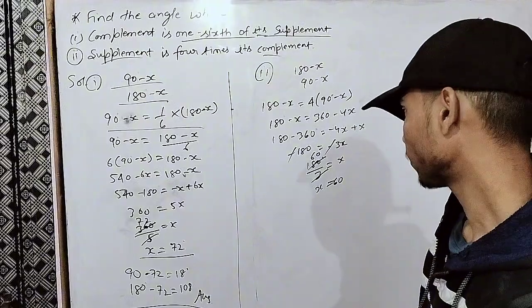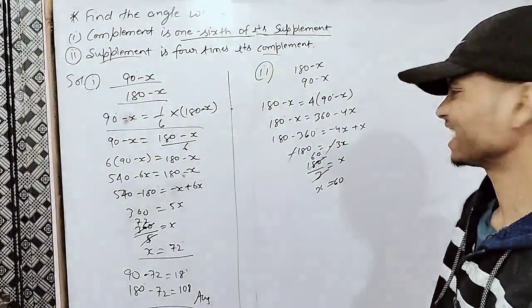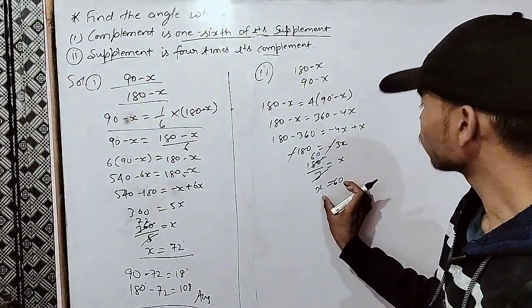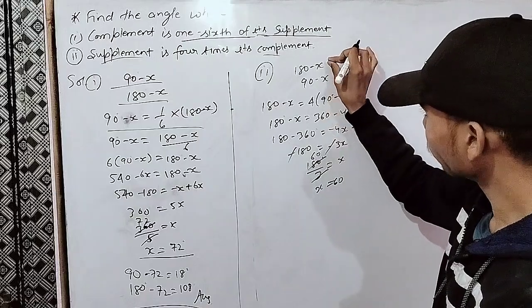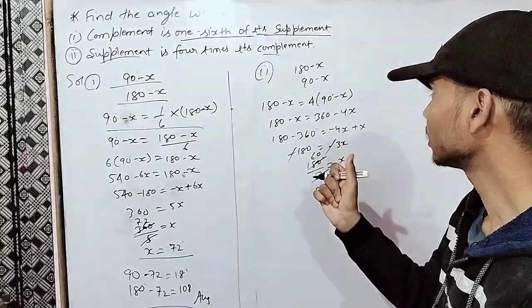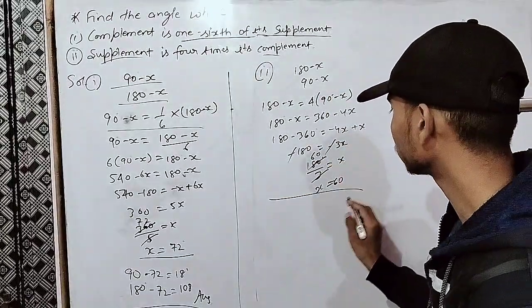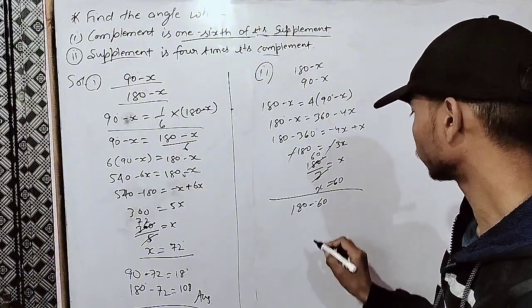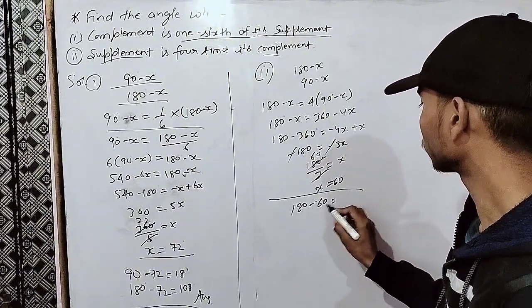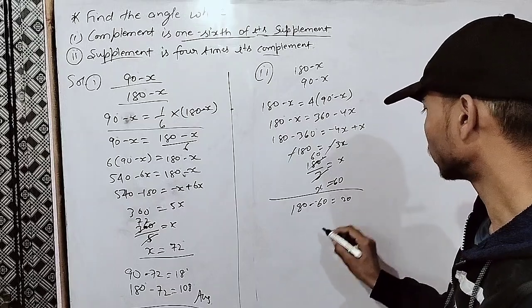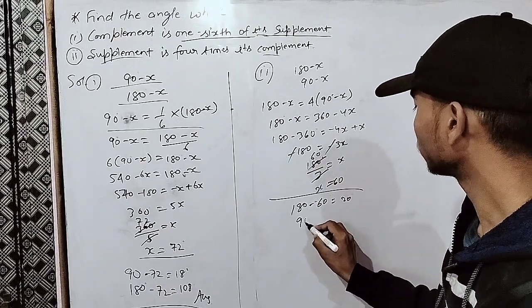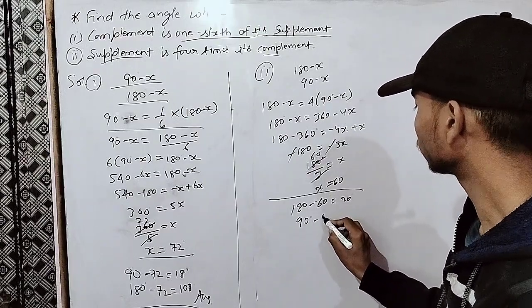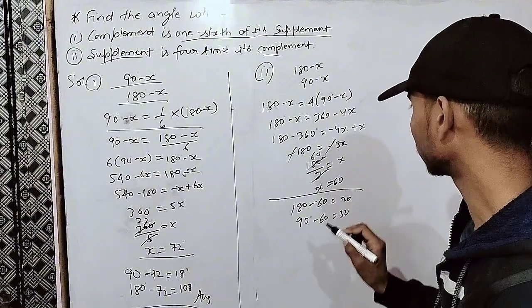So we have the value of x as 60. Just put the value into this, this and this. Then we will get the exact answer. 180 minus 60 is 120. Then 90 minus 60 is 30.